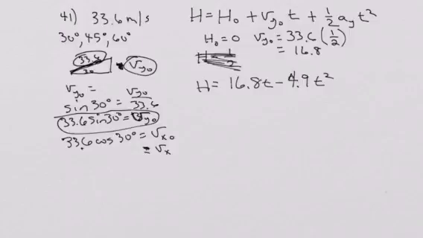Now we're asked two questions here. One of the questions is, what's the maximum height? And a second question is, how far does it travel before it hits the ground?